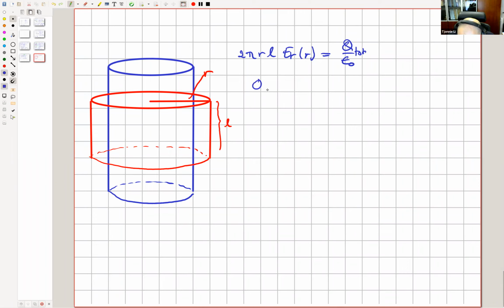So Q total is actually just the total charge inside the surface. Inside the surface, this includes free and polarization charges.